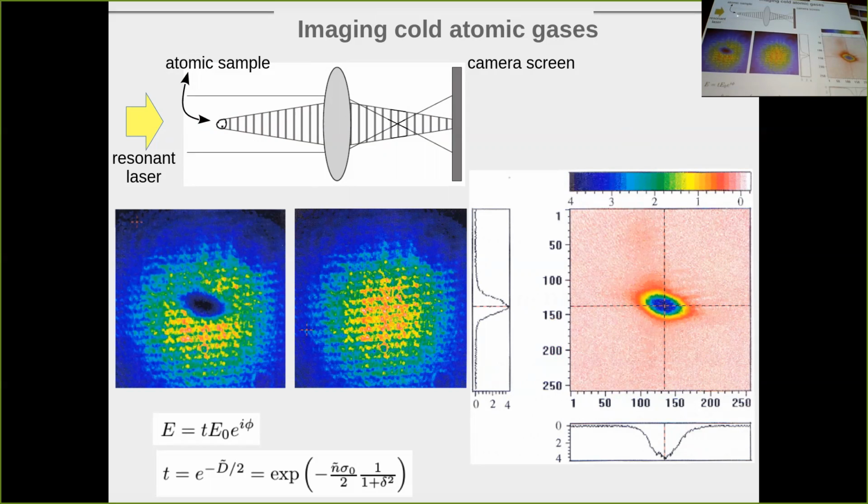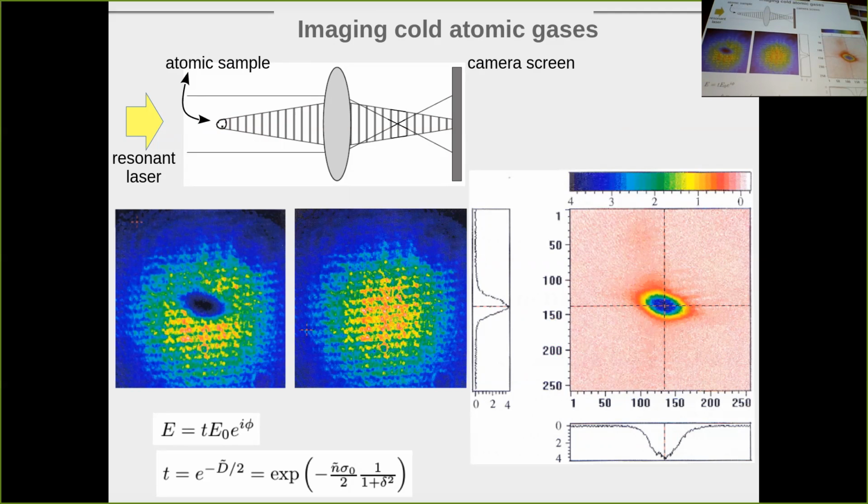This shadow is then imaged on a camera, and by measuring pixel by pixel the transmission coefficient of the sample, we are able to determine the column density, which is the information that we need in order to reconstruct the atomic distribution.